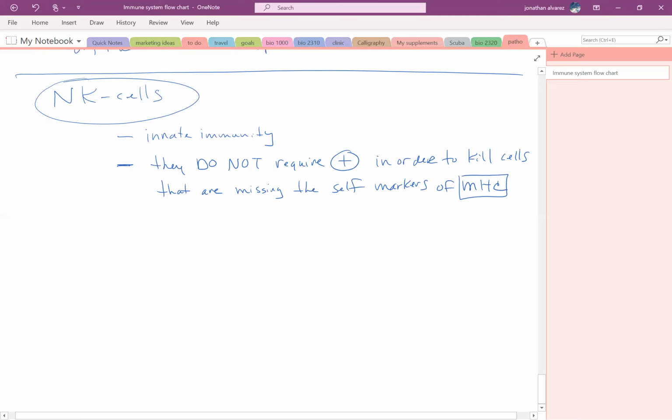If I take someone else's tissue and I put it in you, that's technically foreign tissue, which is non-self, and your body will destroy it. Okay, that's major histocompatibility complex. Your body's ability to detect self from non-self.